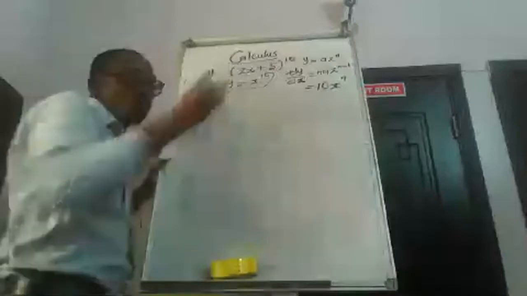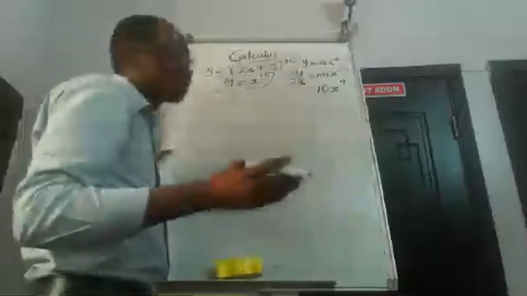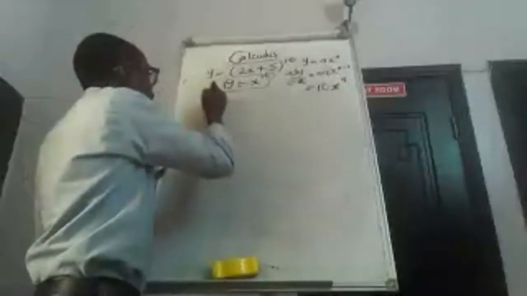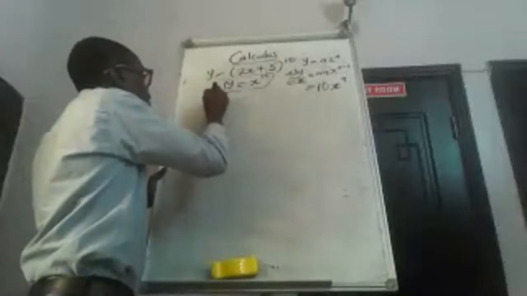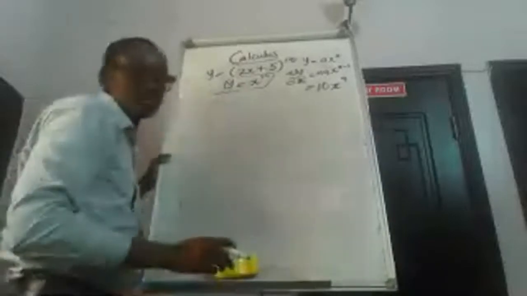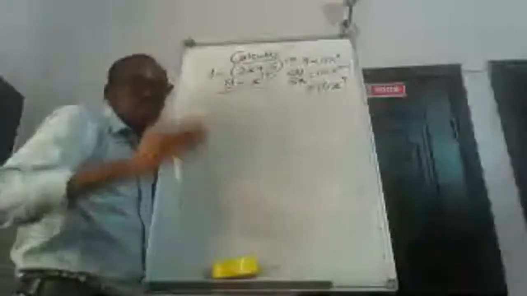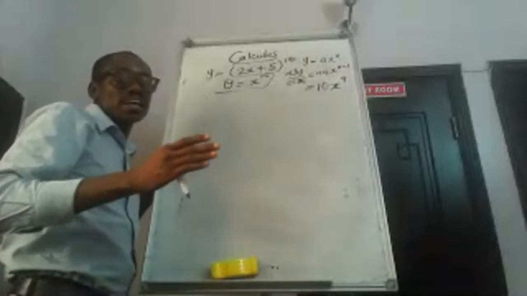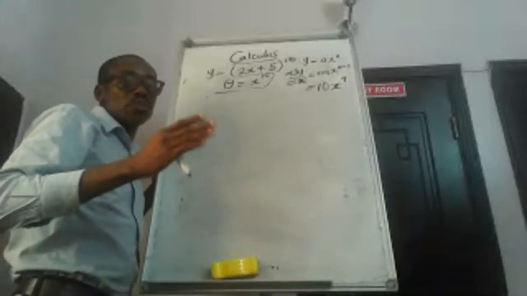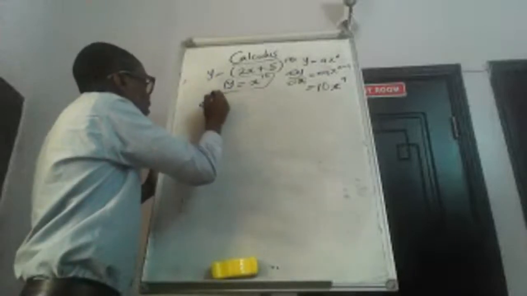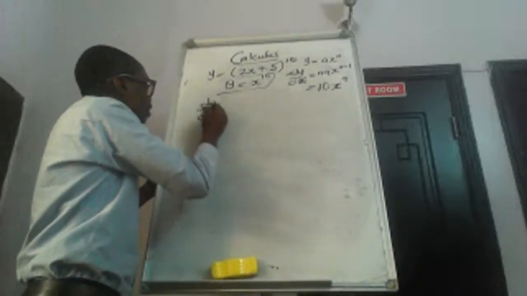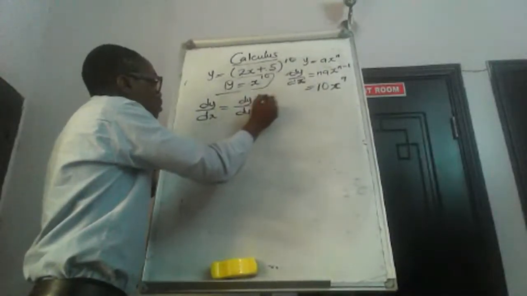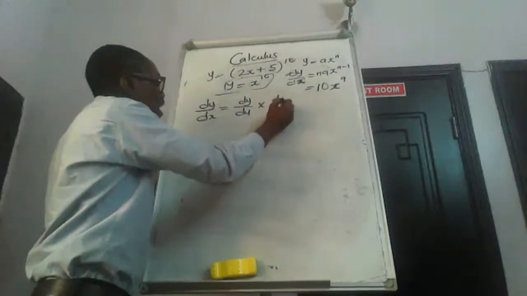So how does the chain rule work? The chain rule tells you that, for instance, let's assume you have a function which is a function of another function. You can go ahead and differentiate by making use of the fact that dy/dx is going to be equal to dy/du times du/dx.